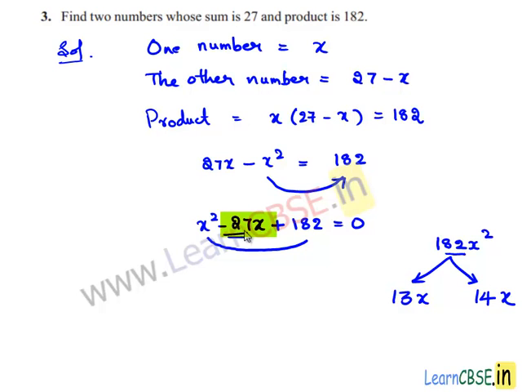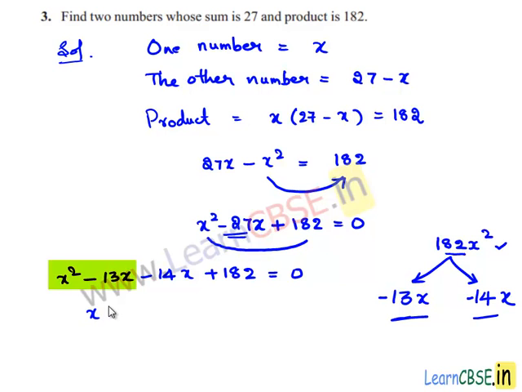Here we have minus 27x, so we need to put minus 13x and minus 14x. Now their sum will be minus 27x and their product will be 182x square. So minus 13x and minus 14x satisfy both the conditions. So replace minus 27x with minus 13x and minus 14x, plus 182 is equal to 0.